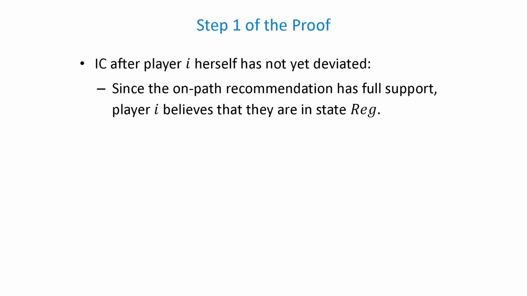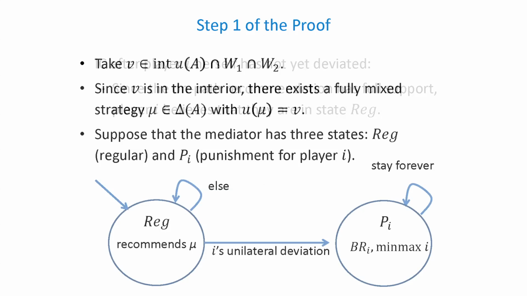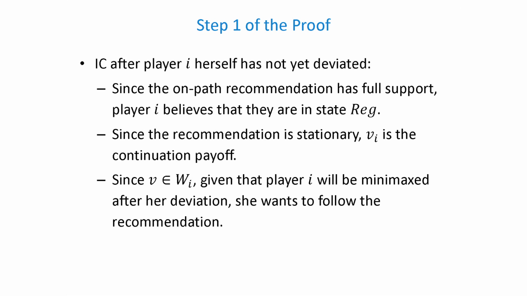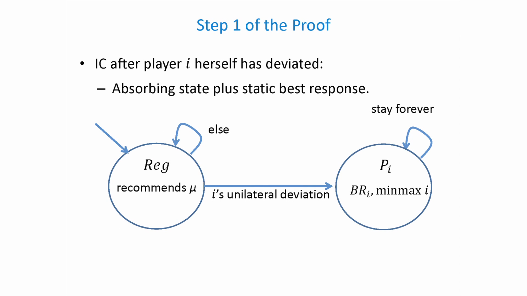Since the on-path recommendation has full support, remember that we took this mu so that this recommendation is a fully mixed strategy, everything can happen on the equilibrium path, meaning that unless you yourself have deviated, you believe that they are in state regular, which means that they believe that the continuation payoff will be Vi. And we take this V from the set where the continuation payoff is sufficiently high so that player i does not want to deviate. So given that player i will be minimaxed after her deviation in this equilibrium construction, you don't want to deviate.